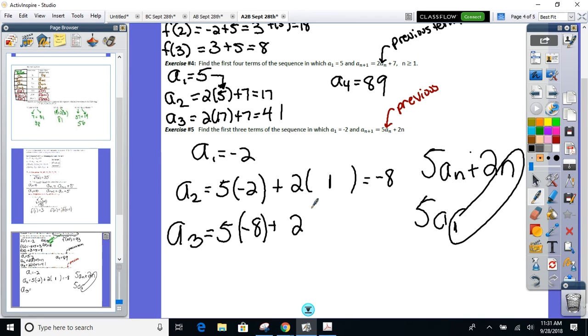So I'm going to go 2 times 2. And that'll end up being negative 40 plus 4, negative 36.